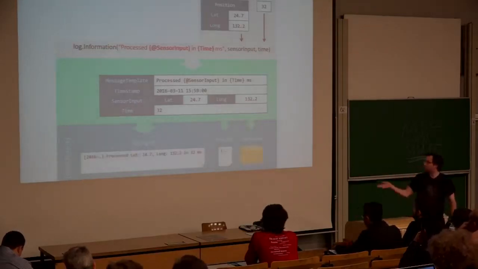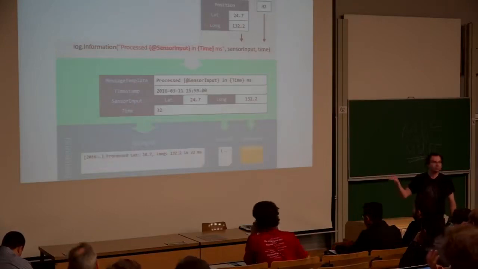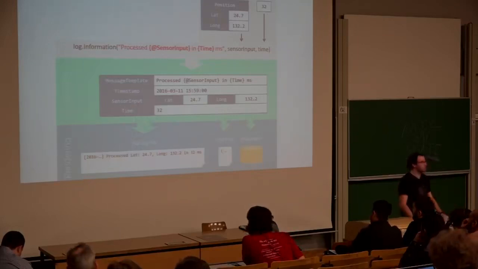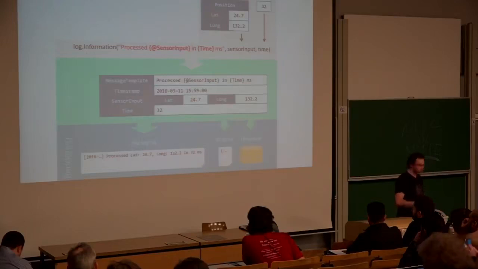You can still format at the last minute into a log file if you want, but you can also store the structured data in something more powerful, like a document store, where you can query it later on.